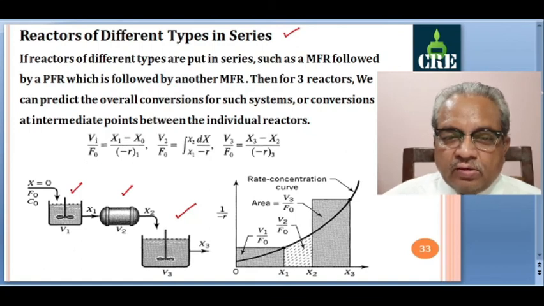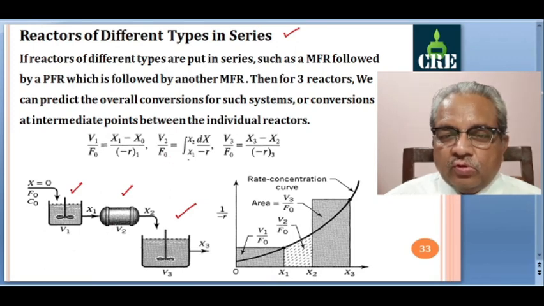For the first reactor, V1 by FA0 is x1 minus x0 by minus R1. V2 by F0, this is an integral reactor, plug flow, integral x1 to x2 dx by minus R. V3 by F0, mixed flow, so x3 minus x2 by minus R3.